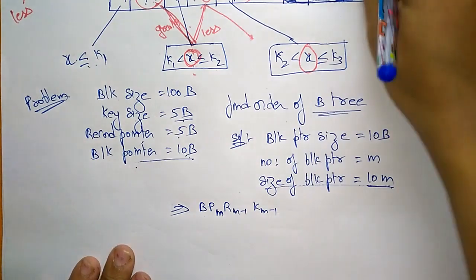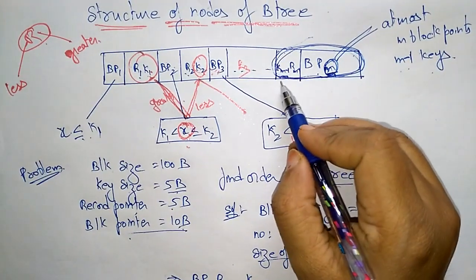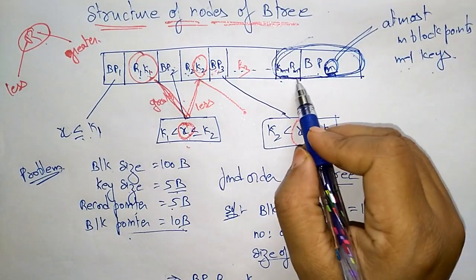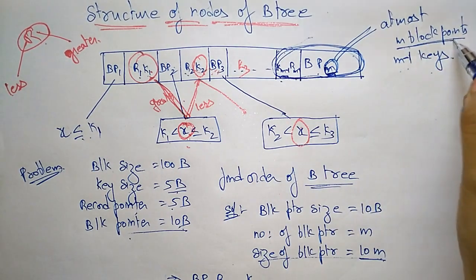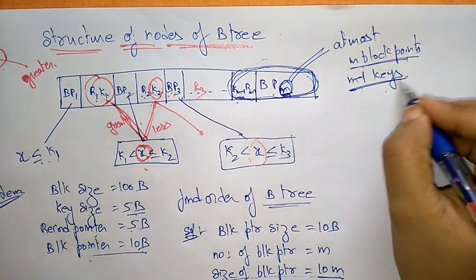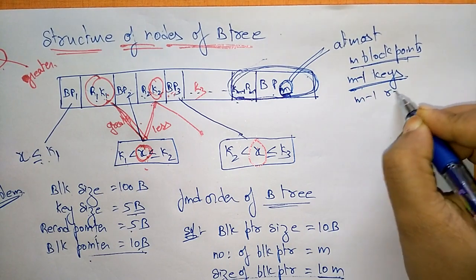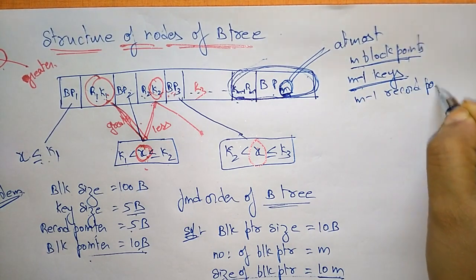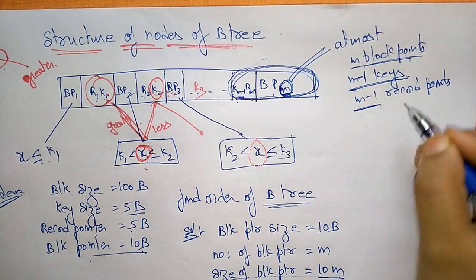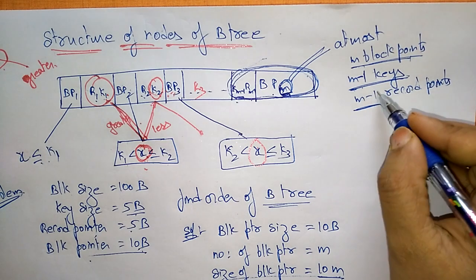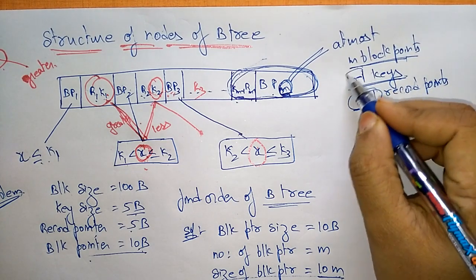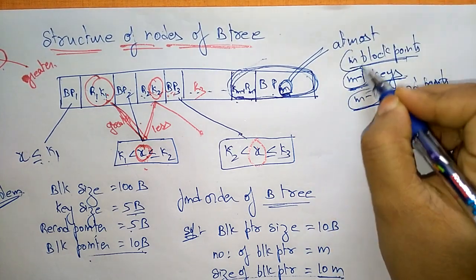At most M block pointers will be there, the key values are M minus 1, and the record pointers are M minus 1. Record pointers, data pointers and block pointers are all the same.